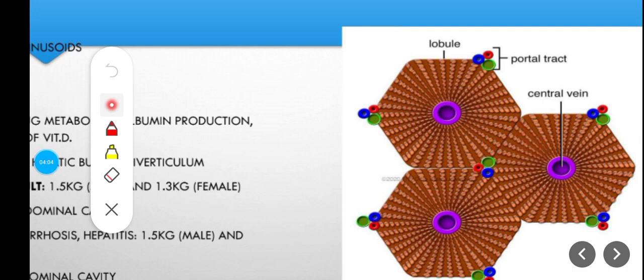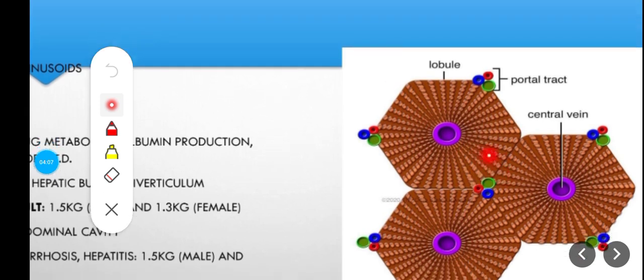Then at the edges, you see the portal tract. So the portal tract is this, or the portal triad. This one, the one in blue, represents a branch of the hepatic portal vein. The one in green represents a branch of the interlobular bile duct. And then the one in red represents a branch of the hepatic artery.